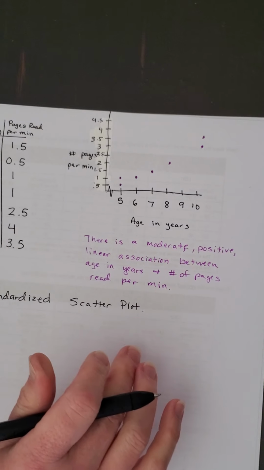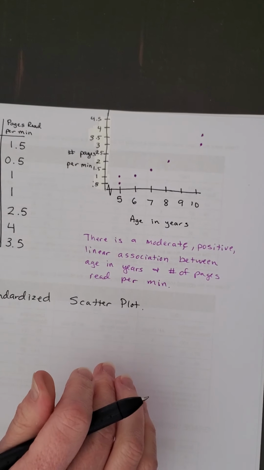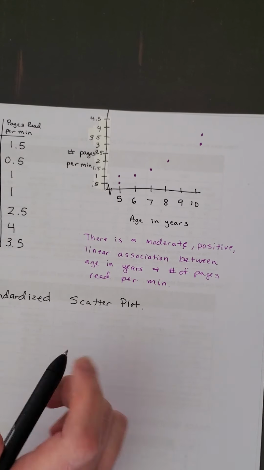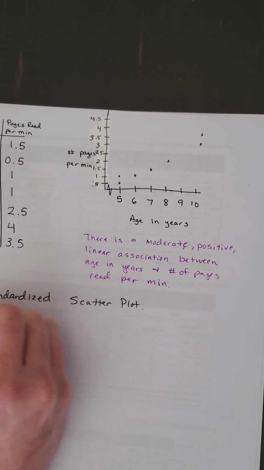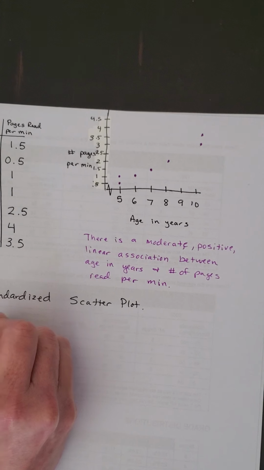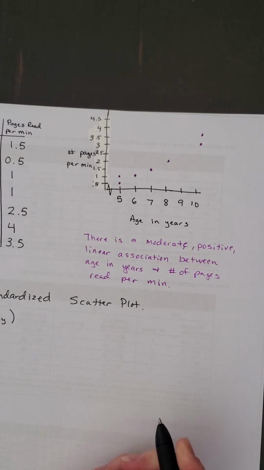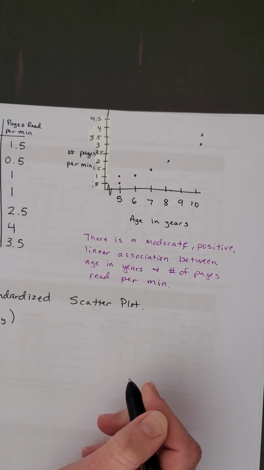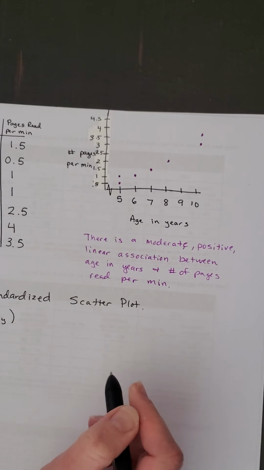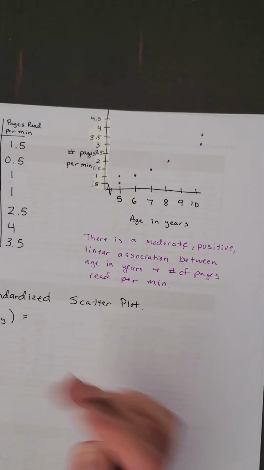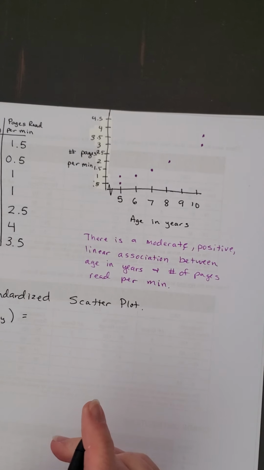To do that, the first thing we need to do is standardize each value. Standardized means our z values, so we're finding zx and zy. I want you to remember the difference between a standardized value on the bell curve, our z value, and a regular value, like our x points.